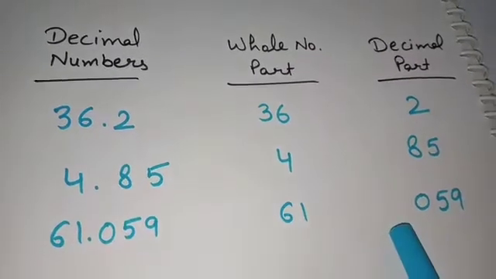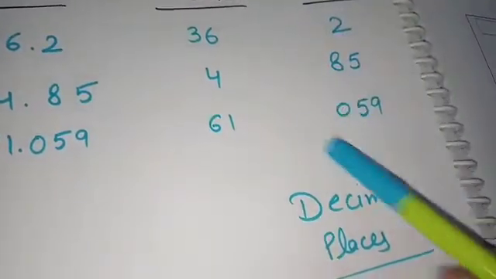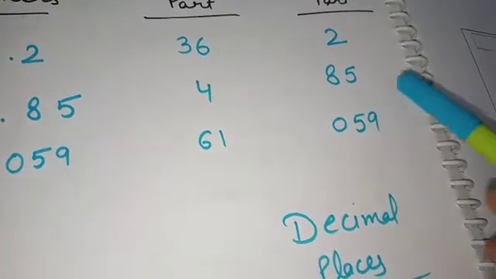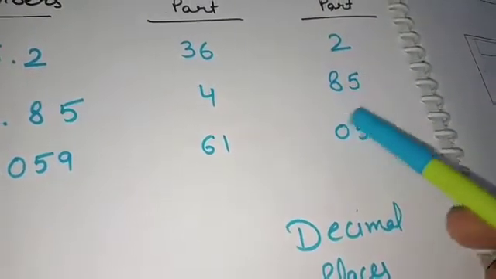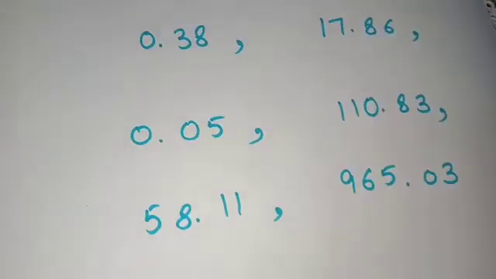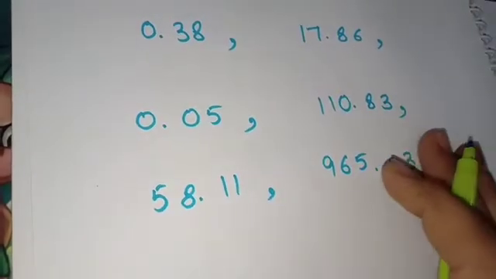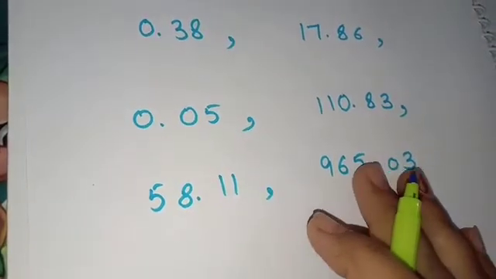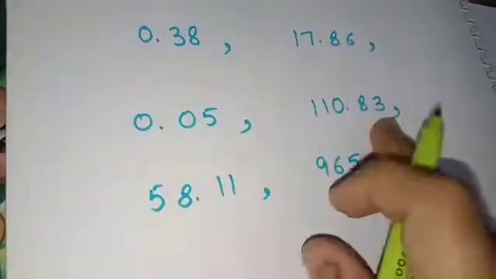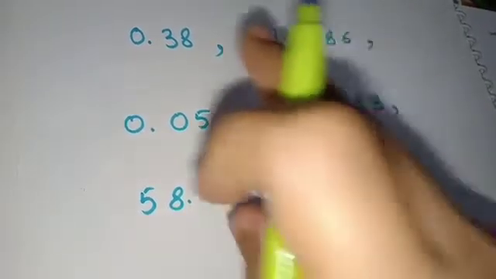In the same way in this one. Now these digits in the decimal part are called decimal places. Decimal numbers in which the number of decimal places is the same are called like decimals.